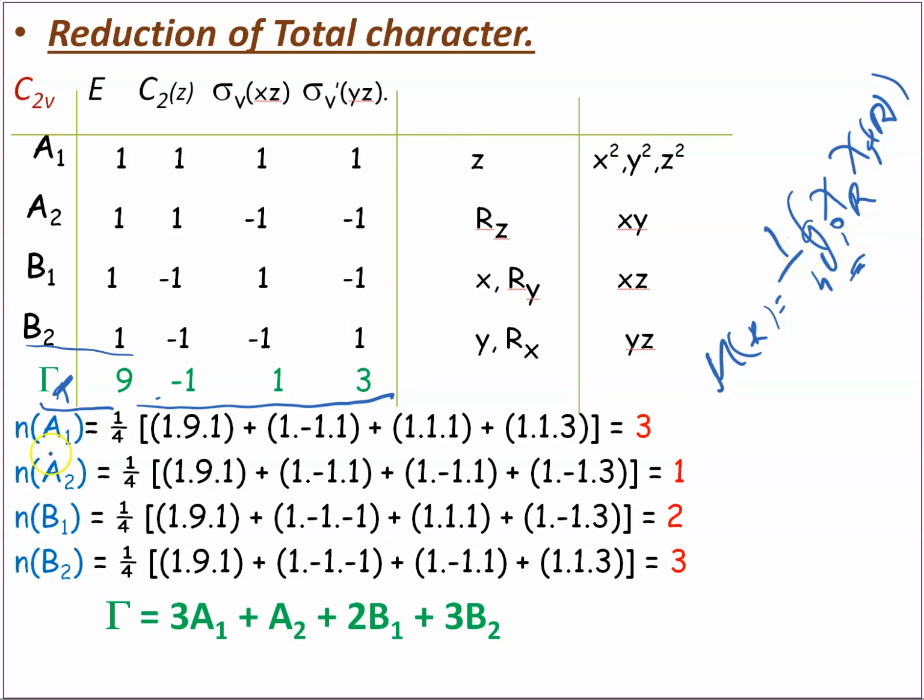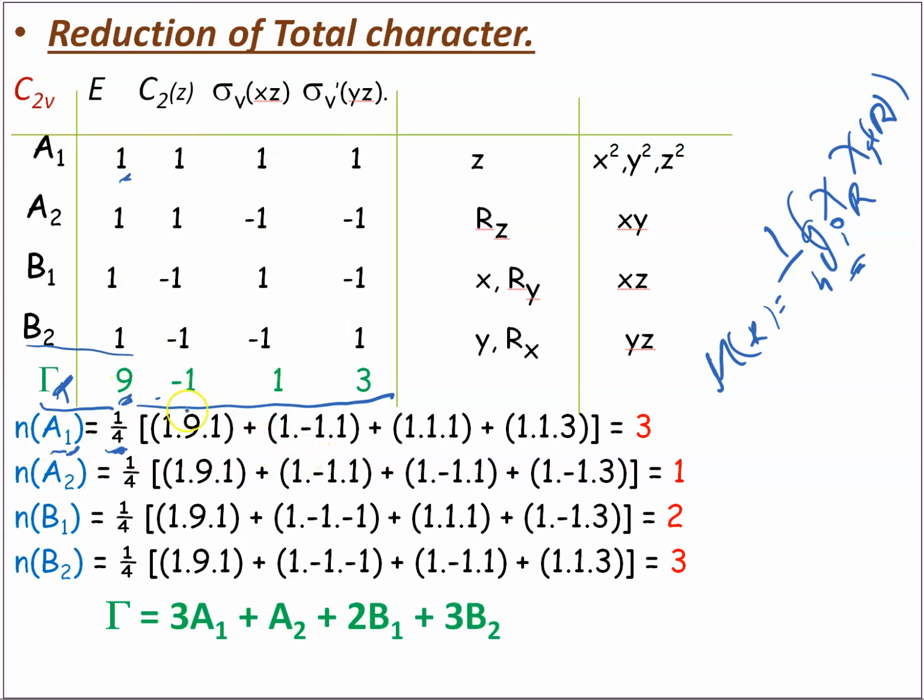Okay, so NA1, that is number of times A1 representation is present in this reducible representation, is equal to 1 by H, here H is equal to 4, into GI, in all cases 1, number of elements in all classes here 1. So 1 into chi R, 9 into 1.